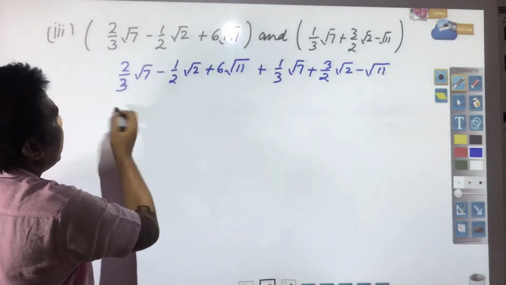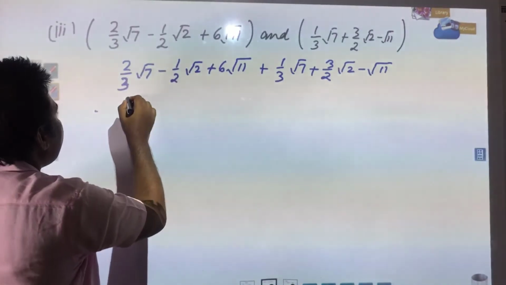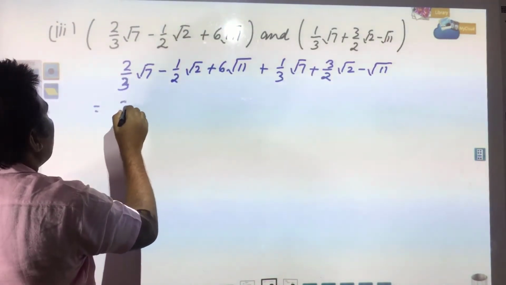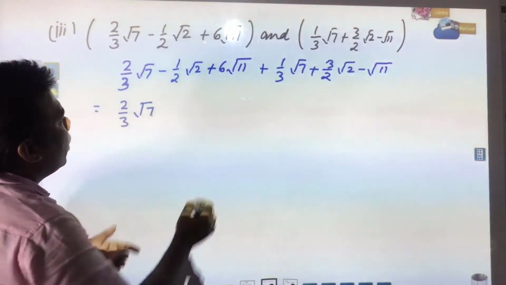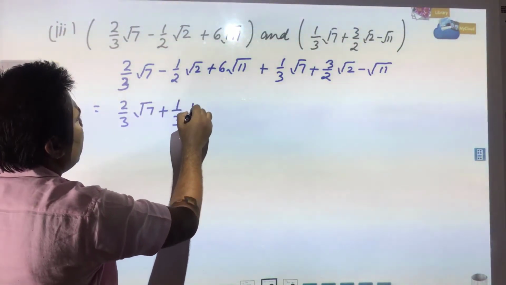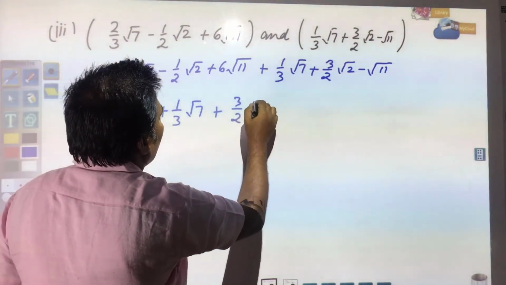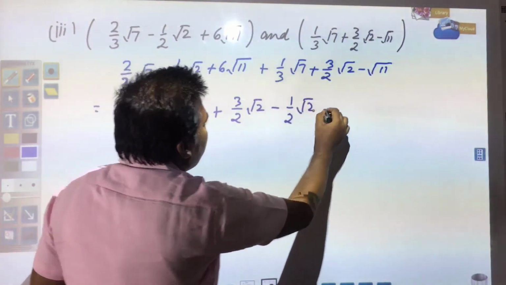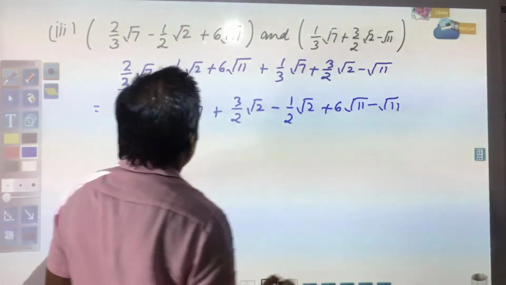What we need to do, again you see similar terms, so you write together. You arrange in proper way, similar terms you keep together. So, this will be 2 by 3 root 7 plus 1 by 3 root 7, minus 1 by 2 root 2 plus 3 by 2 root 2, plus 6 root 11 minus root 11.